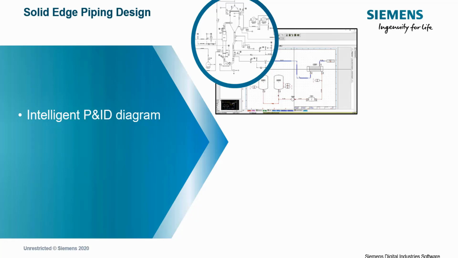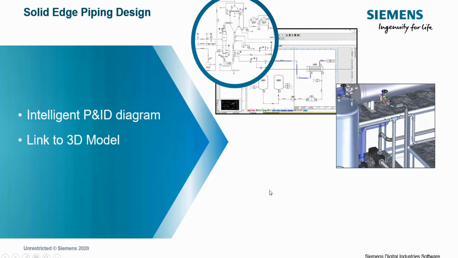Today, I'm going to be demonstrating Solid Edge modular plant design, emphasising a lot of the points that Graham has made during his presentation. And to do this, I'm going to be using a simple vapour recovery system. I'll start off showing the intelligent P&ID diagram and making some changes in there.